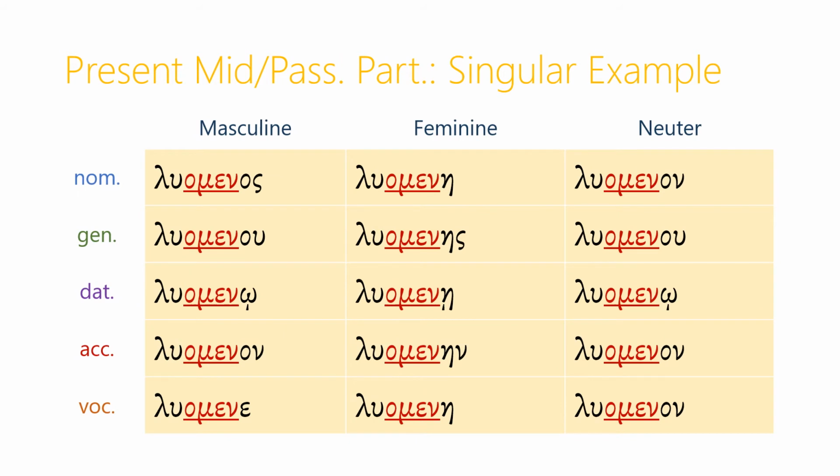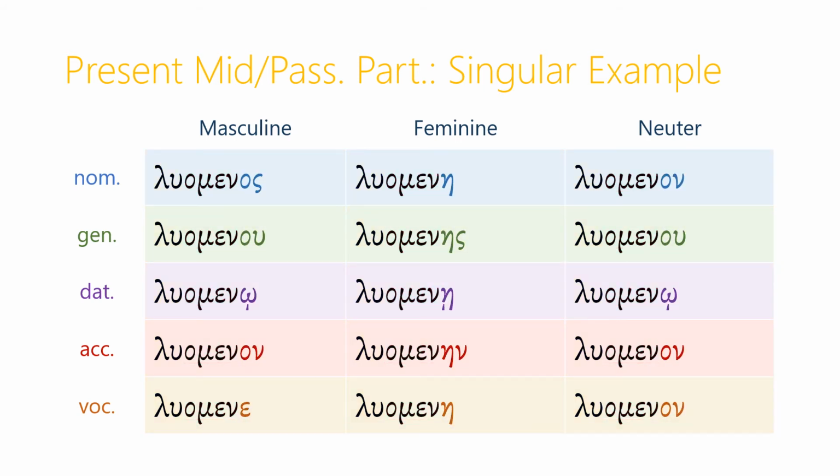Here we find a very highly regular set of forms. All across the board in the singular, we have the omicron connecting vowel with the men middle passive voice indicator. So omen is what we put on the end of the stem for every one of these singular forms.